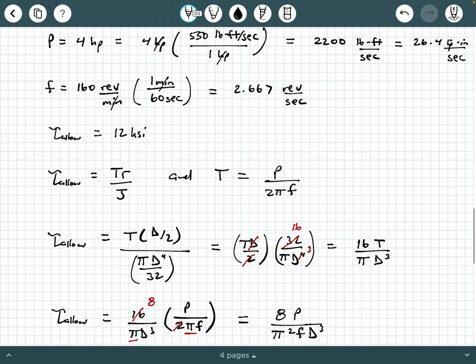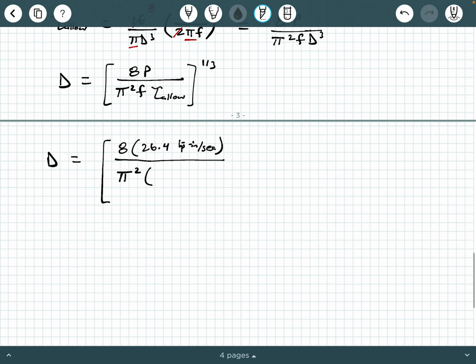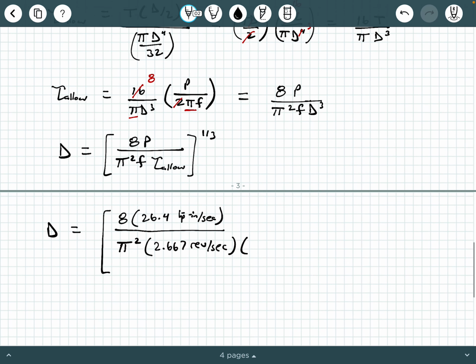Well, we converted that accordingly earlier, 2.667 revolutions per second, so 2.667 revs per second. And then times tau allow, which I believe was 12 KSI, yep. So 12 KSI. And then we can bracket this off, and we raise all of this to the 1/3 power.